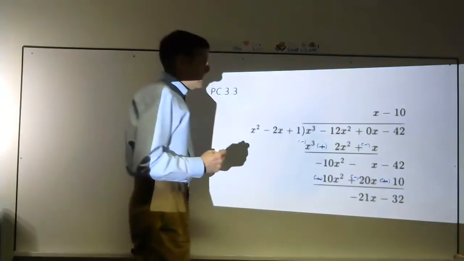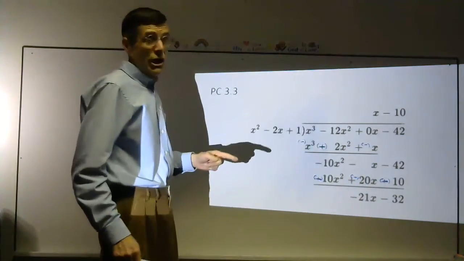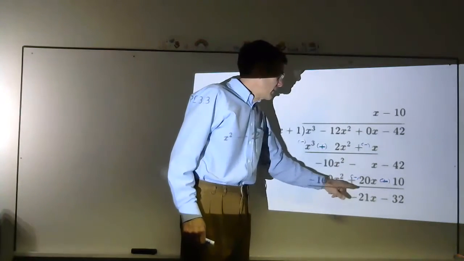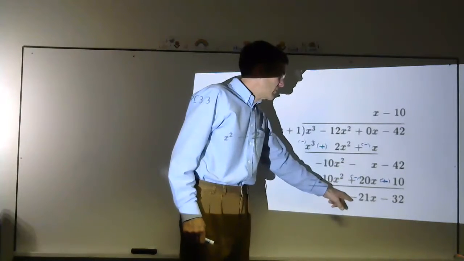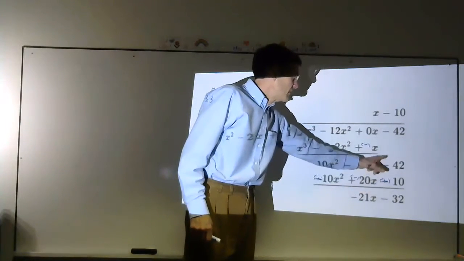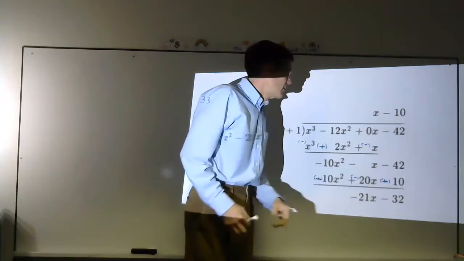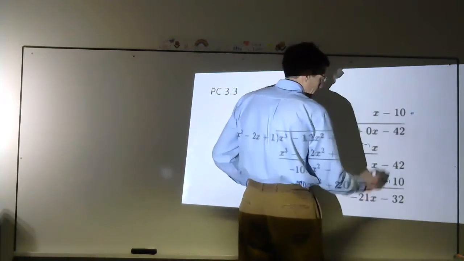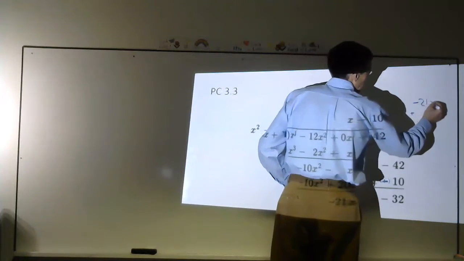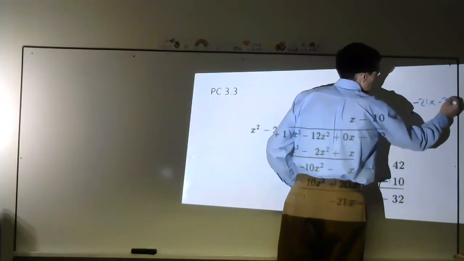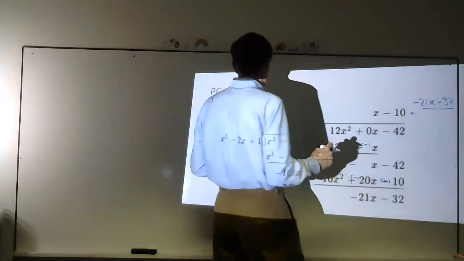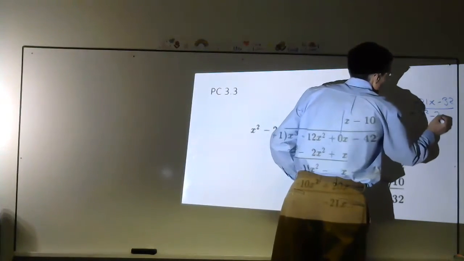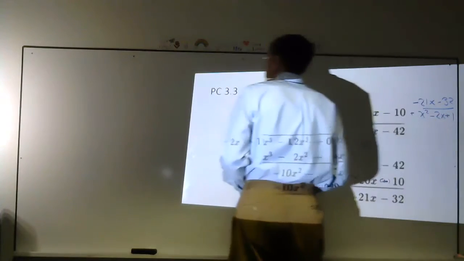Like that. Okay? Make those changes. It'll keep you out of trouble. These go away. Negative 20 and a negative 1 makes negative 21. A positive 10 and a negative 42 is a negative 32. Then you can put your remainder, the negative 21x minus 32, all over the divisor of x squared minus 2x plus 1.